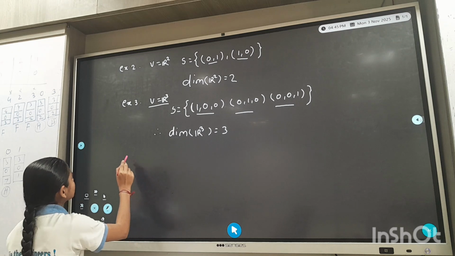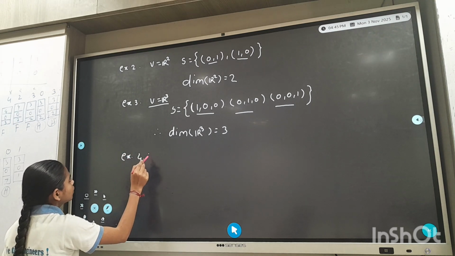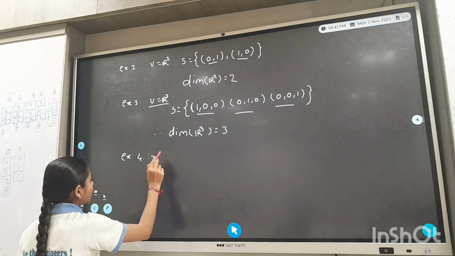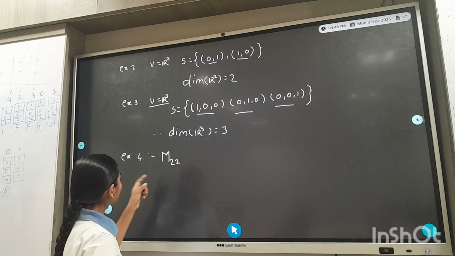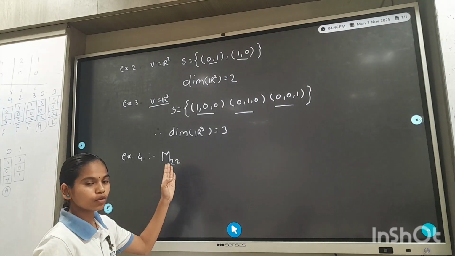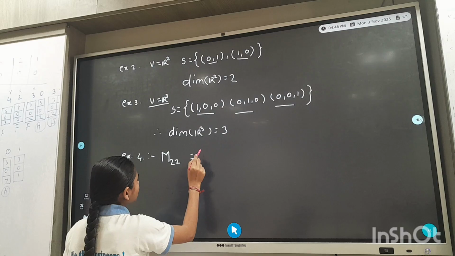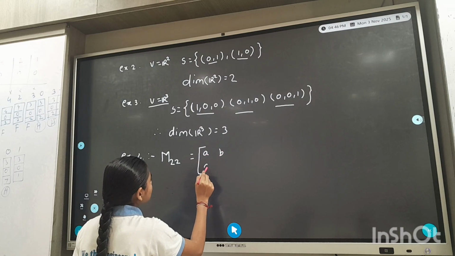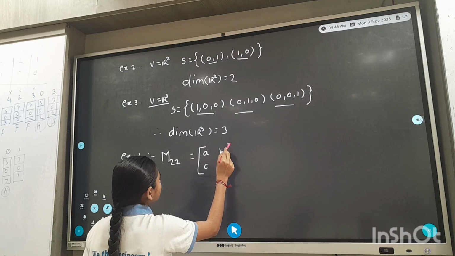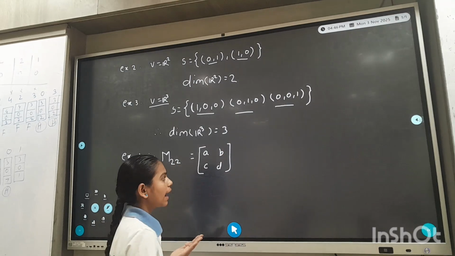Let's see the example 4. M22 is nothing but the matrix of 2 by 2, and the elements of a 2 by 2 matrix are a, b, c and d.